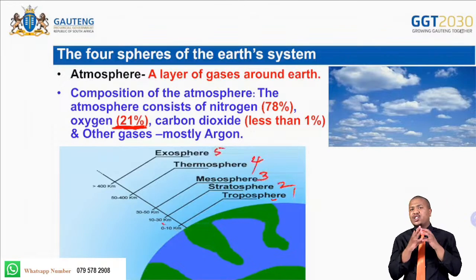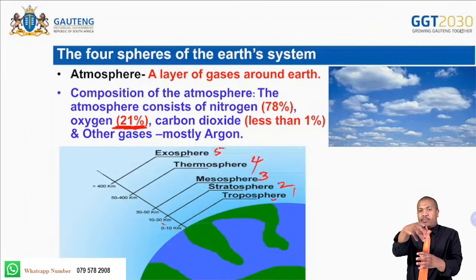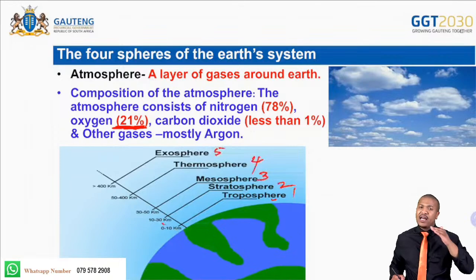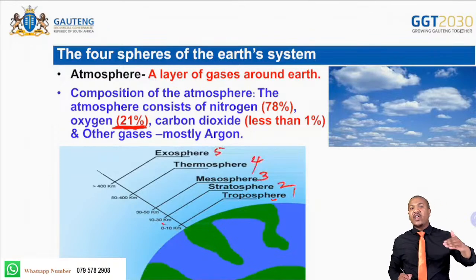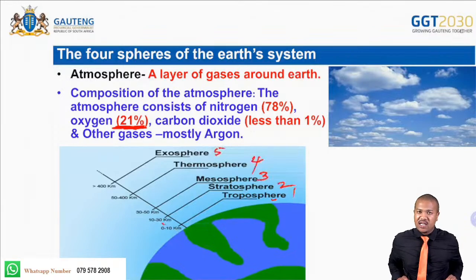So I'm trying to highlight to you that these different parts that we are depending on have their own different parts that work together to give us that one part of the system. So the atmosphere also has its different layers: troposphere, stratosphere, mesosphere, thermosphere, and exosphere, that we're going to discuss further in the following lessons when we're talking about the atmosphere.